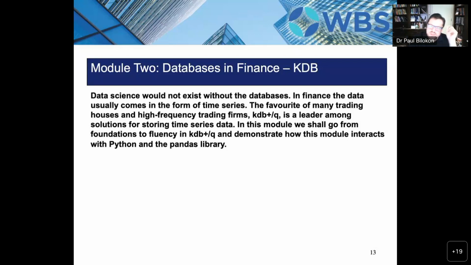KDB. So KDB is not open source; it's a proprietary product. You can get a personal license for KDB. You can work with KDB independently for personal use, but KDB is quite expensive. So we are really talking about hundreds of thousands of pounds per year for licenses, perhaps millions of pounds for a site license, and most banks already have those licenses, right?